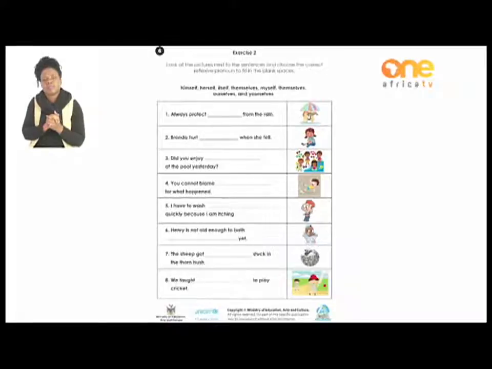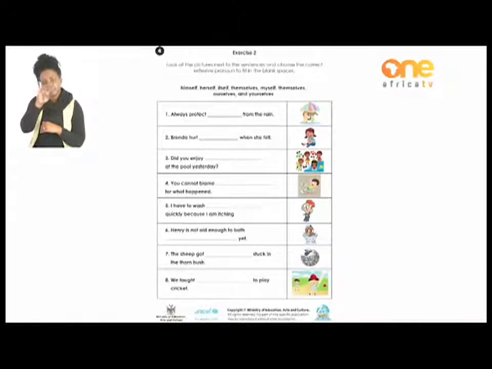On page 6, there is exercise 2. Exercise 2, the instruction says, look at the pictures next to the sentences and choose the correct reflexive pronoun to fill in the blank spaces. Now remember, I said reflexive pronouns usually end with self and selves.